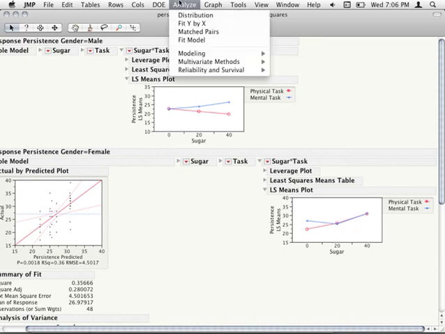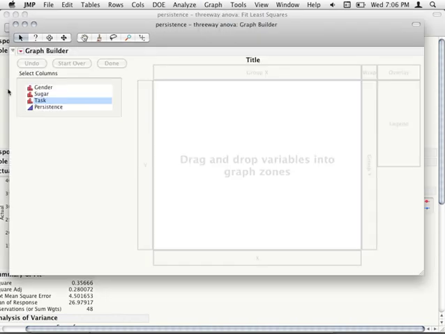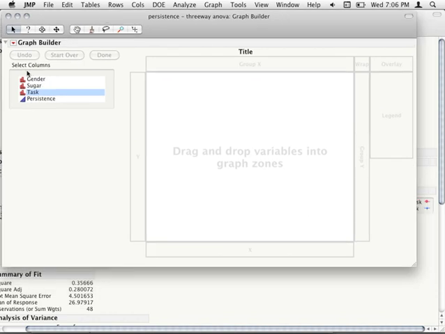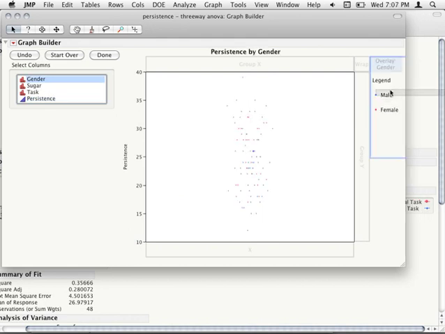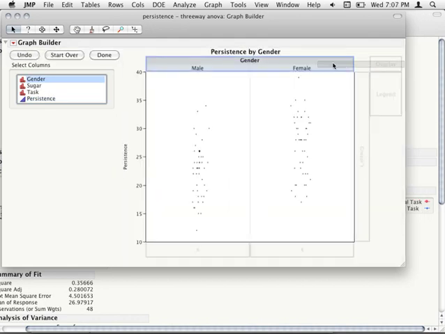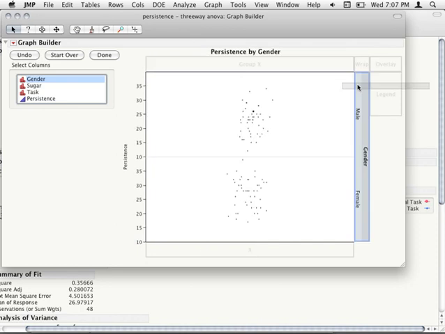And we could do this using the graph builder too, if you really wanted to get fancy. The graph builder, which I haven't talked to you much about, is fun. You can just drag things, so you can put persistence on the y. We can, let's not wrap, but group, sure.